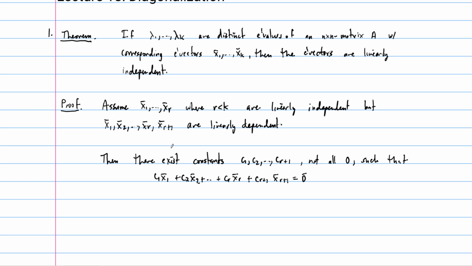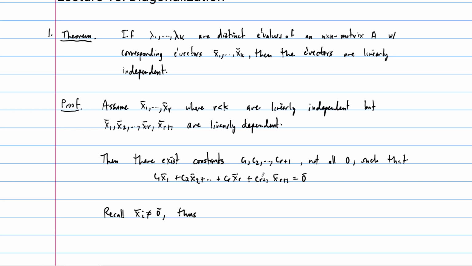Remember also that since these are eigenvectors of the matrix A, the eigenvectors are not zero, so the vectors themselves are not zero. I'll write, recall that the xi are not equal to the zero vector. Thus, because we assume that the first r are linearly independent, c(r+1) has to be non-zero.